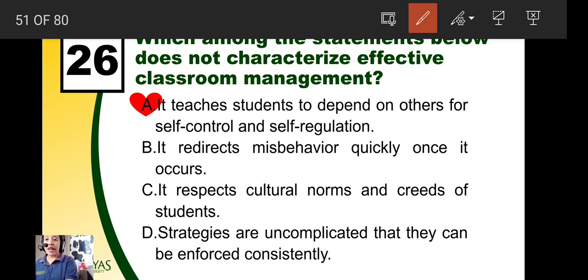Okay, why letter A? Kasi yung hinahanap natin does not characterize effective classroom management. So, we have letter A. It teaches students to depend. Remember, the goal of teaching is to make the learners independent enough. So, depending on others is not a good characteristic of a classroom.